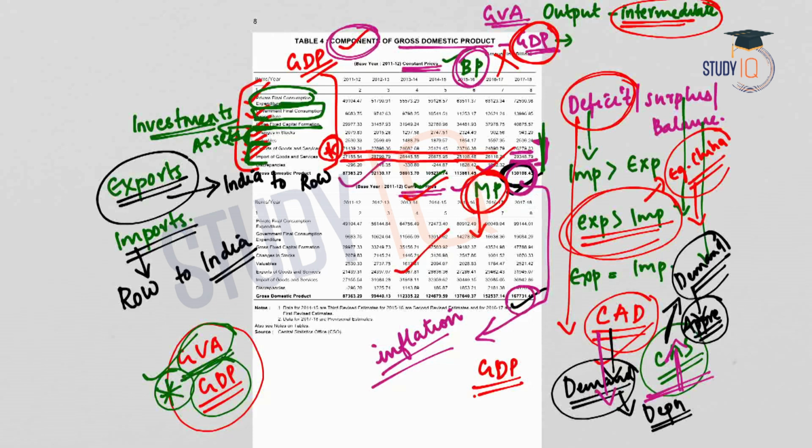You should also be aware of the components of GVA, components of GDP, how it is calculated, what is the difference between current price and constant price, how it reflects the real picture of the economy, and how inflation is taken into consideration, etc. So these two tables are also very important from the examination point of view. And in the next lecture we will continue with some other important tables from the examination point of view.